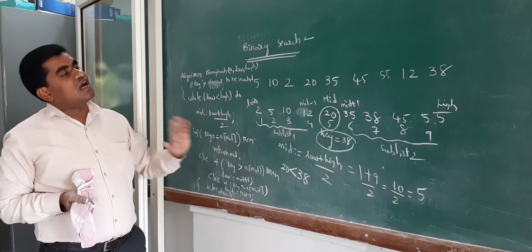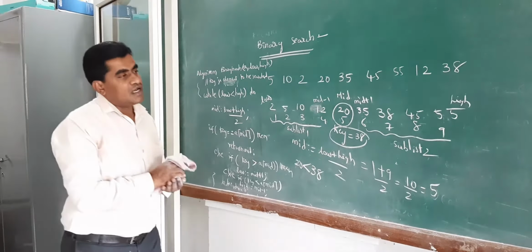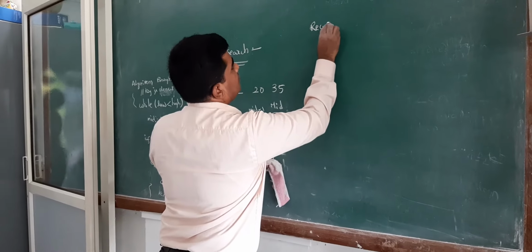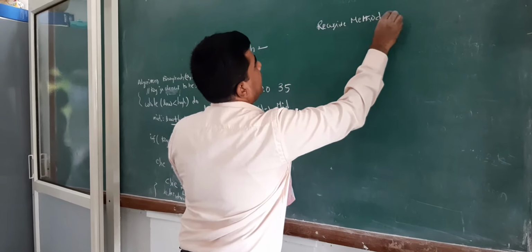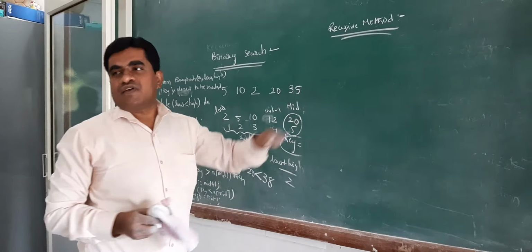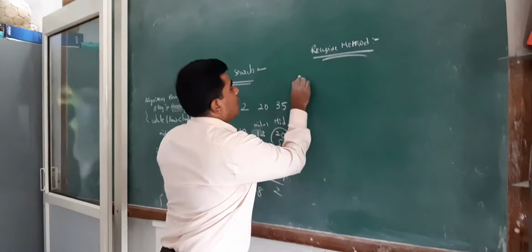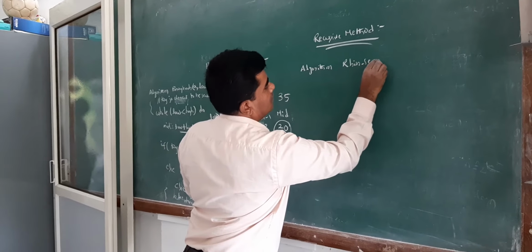So, the same algorithm we can write by using the recursive method also. Recursive method means the same name of the procedure we are calling again and again, recursively. So the algorithm name of the procedure is binary underscore search.